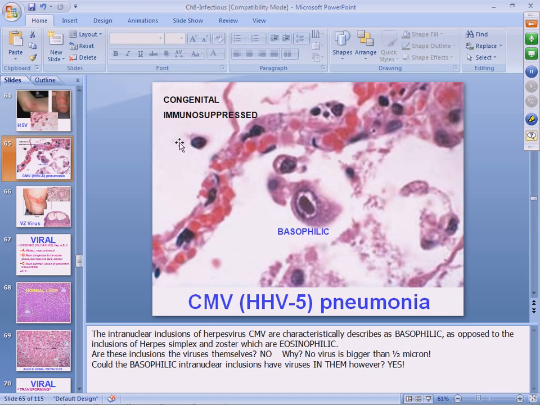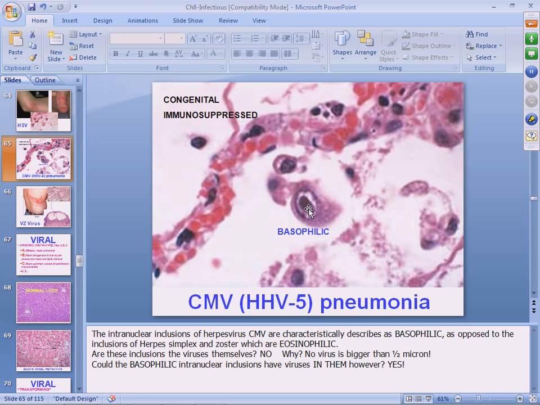And you see this cell here? That's a small lymphocyte. I told you that the nucleus of the small lymphocyte is 10 microns. So this intranuclear inclusion is even bigger than the nucleus of a lymphocyte. So this is not half a micron, this is over 10. So the intranuclear inclusions are not viruses themselves.